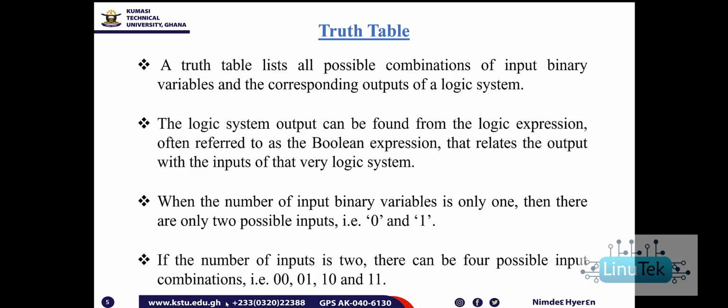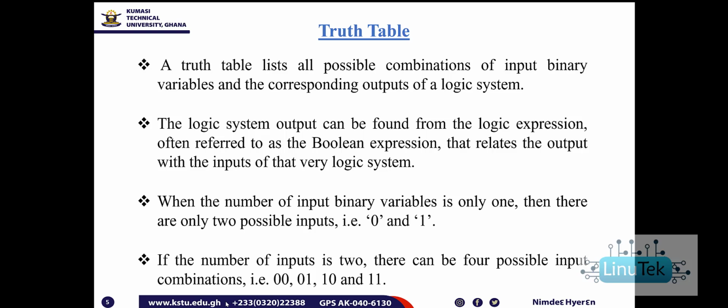Now, we would also need to understand something we call the truth table. A truth table basically lists all possible combinations of input binary variables and the corresponding outputs of a logic system.